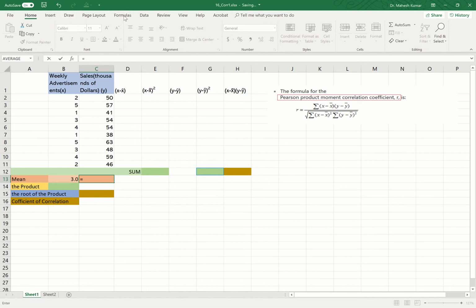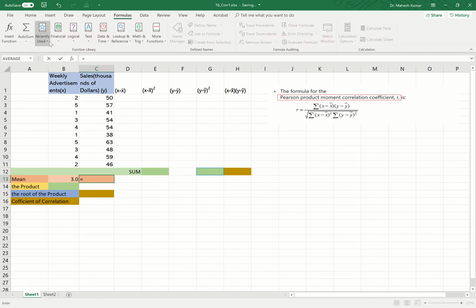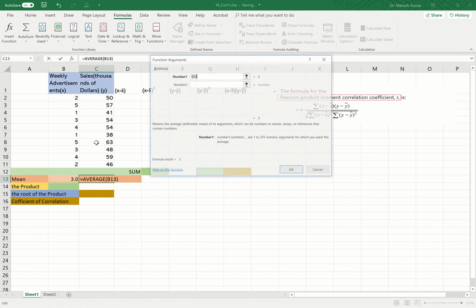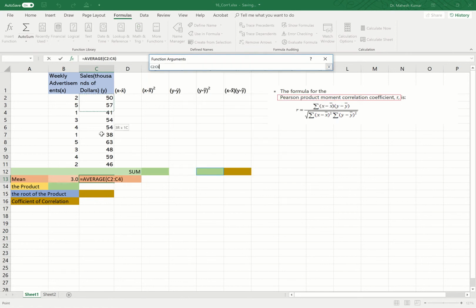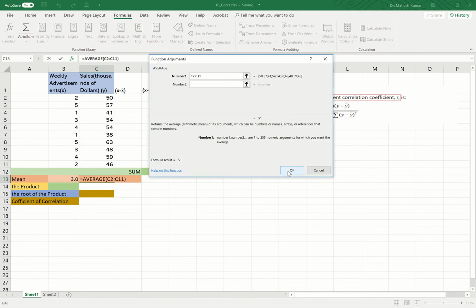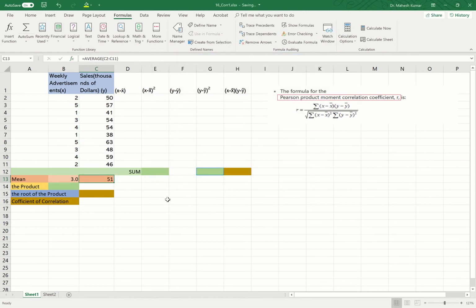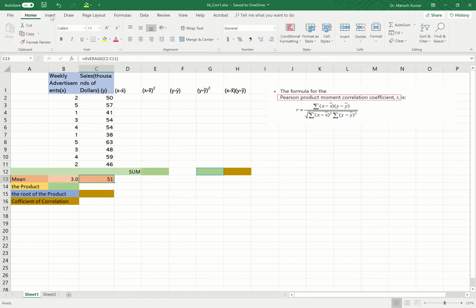Since we have used this formula, it must be in the recently used formulas, average, and here we select the data set for series Y and get the mean. It is 51,000; if we go to the home tab and increase the decimal points, it is 51 to be exact. Now we have the means of the X and Y series.